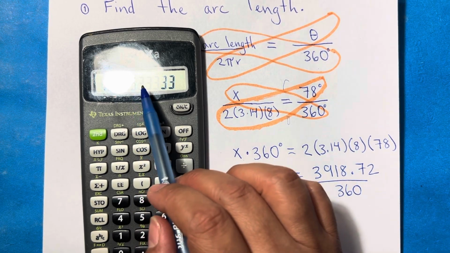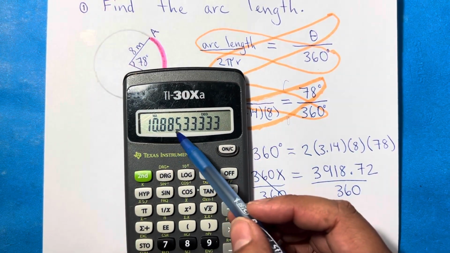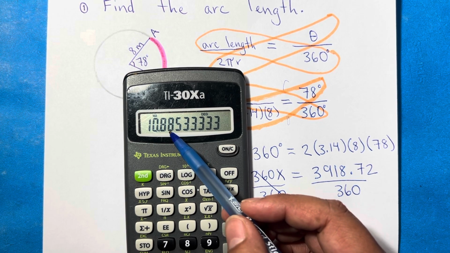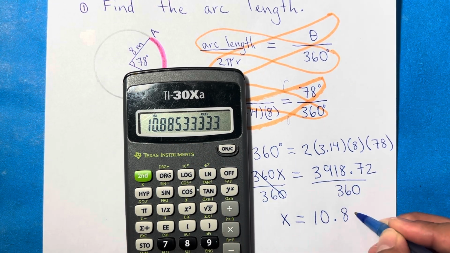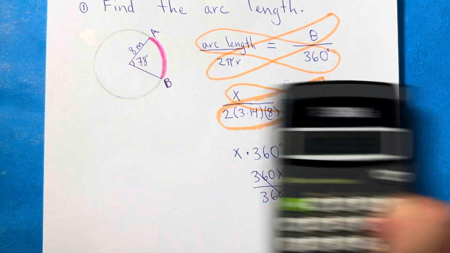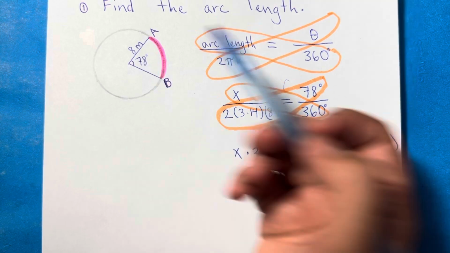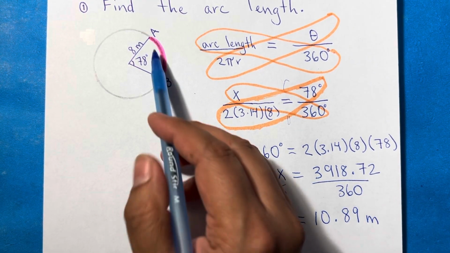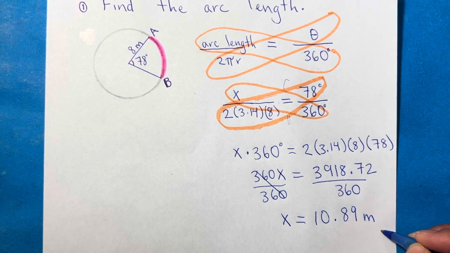However, if you look at the thousandths, this is a 5. 5, 6, 7, 8, or 9 will give one more to the previous digit, to the hundredths. So we're going to write 10.89. And what is that? This measurement is going to be the same as what we have for the radius, which is meters. Okay, so the arc length is 10.89 meters.